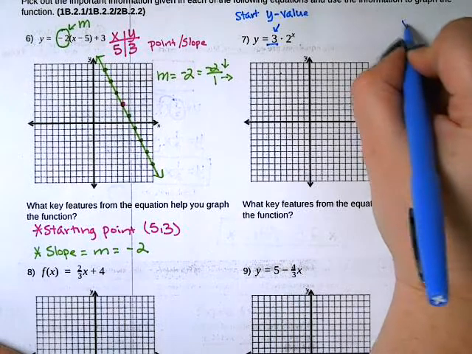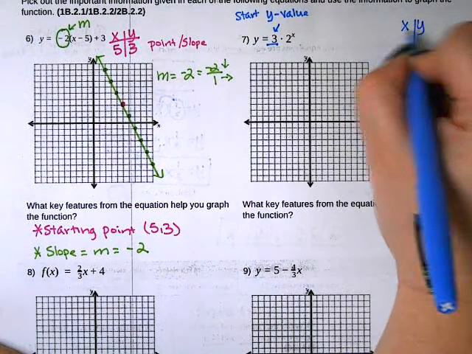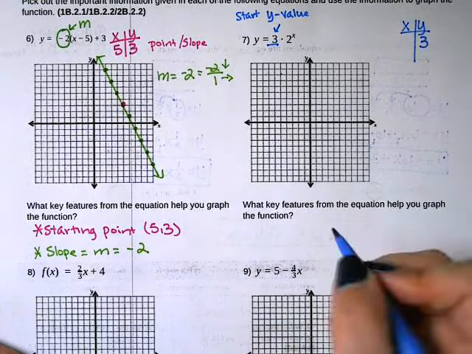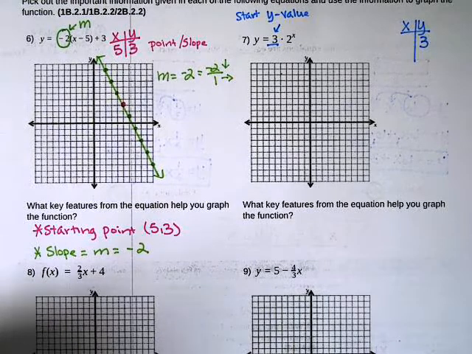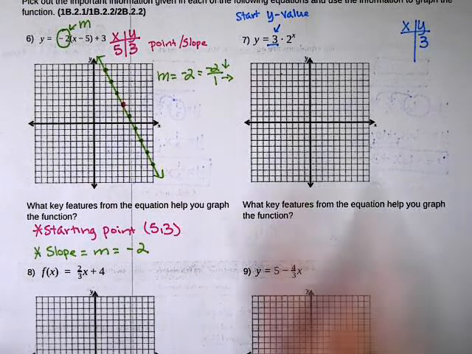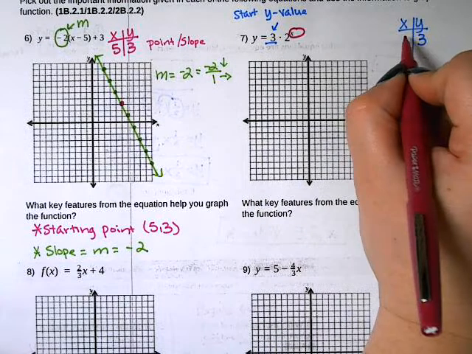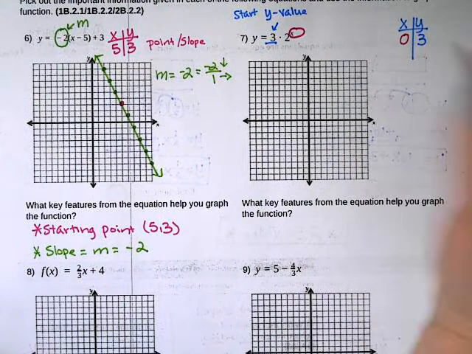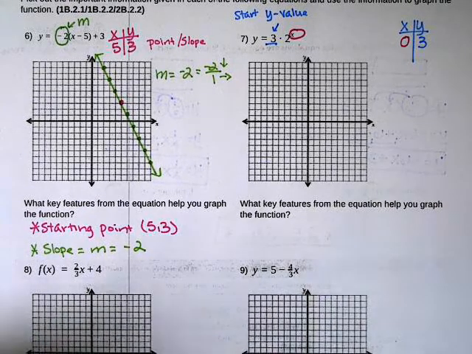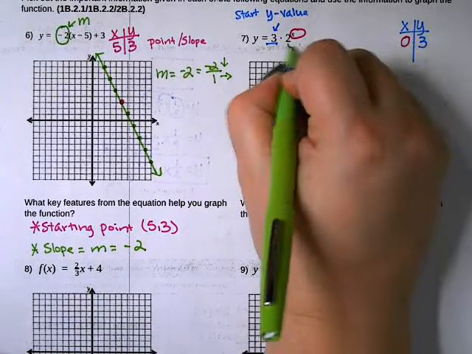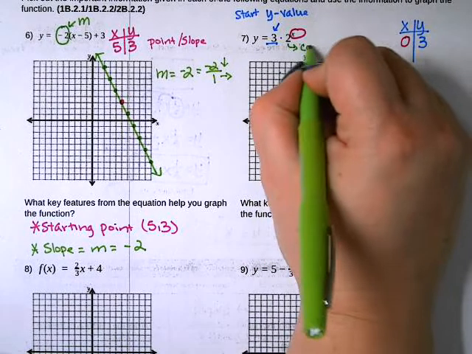Which means if I were to make a table, that 3 would be the first y value that goes in there. Because the x is by itself in the exponent, that's telling me that my first x value is 0. And then this 2 here is actually giving me my common ratio.